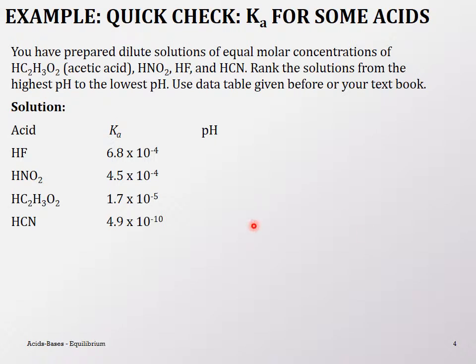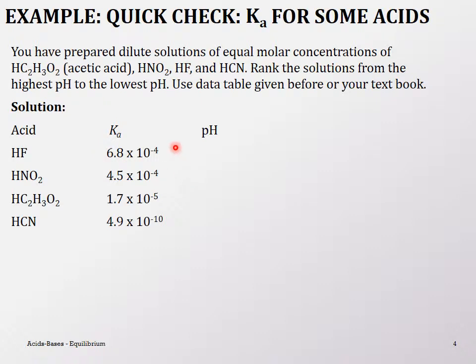So a quick check, for example, for Ka of acid. If you're given an acid and you're given the Kas and you're asked to figure out which one has the highest pH and which one has the lowest pH, then you're really looking at the concentrations over here. And remember, the concentration you're looking at for Ka is primarily the hydronium ion concentration, because that was on the top of the formula.